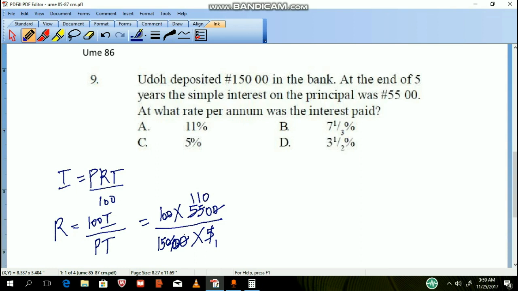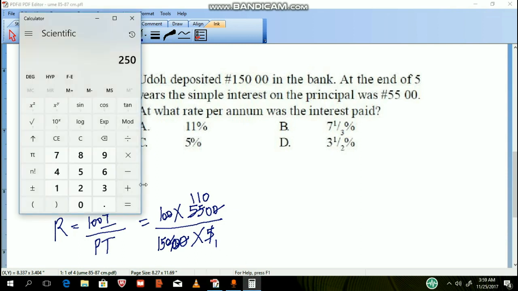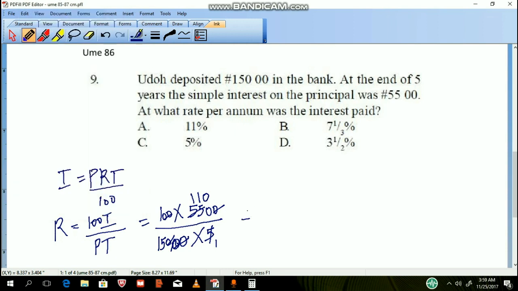Then we will now be having 110 divided by 15. So 110 divided by 15, let me see what this will be. That will be 7.33%, which is option B.